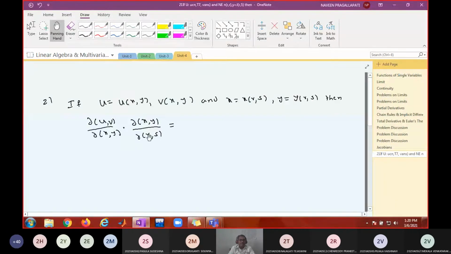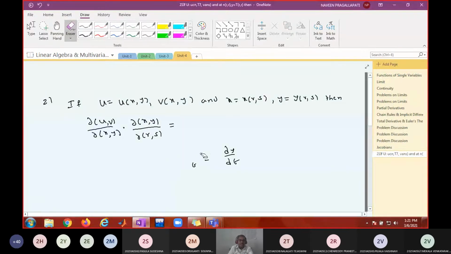Observe these two. Is it not like the chain rule on derivatives? What is dy/dx into dx/dt? What is this? Is it in a similar way? I am expecting some answer from you.